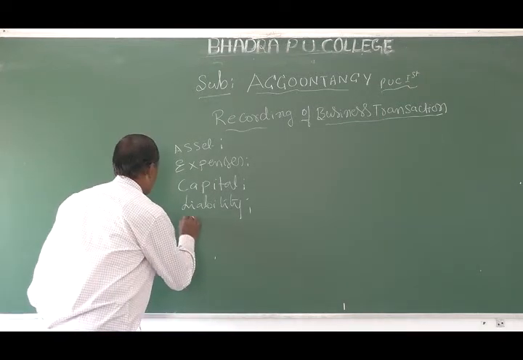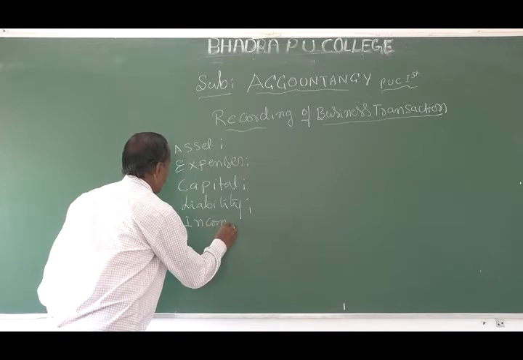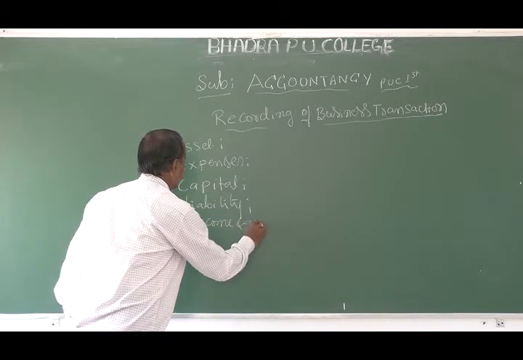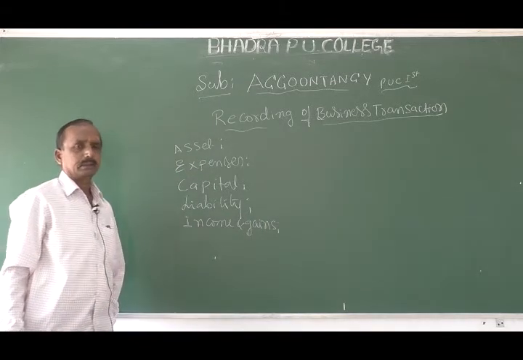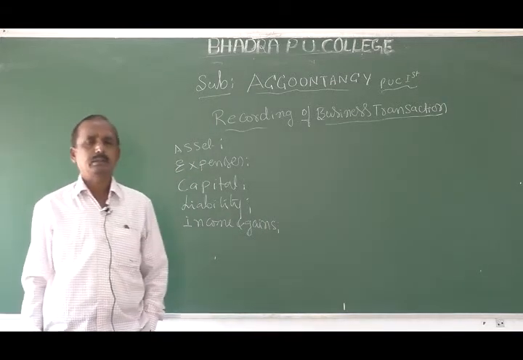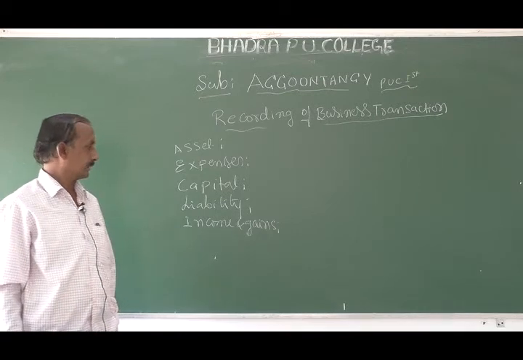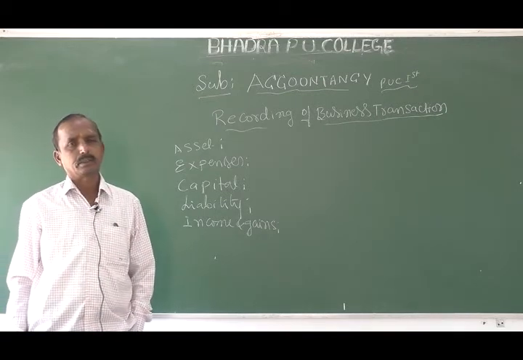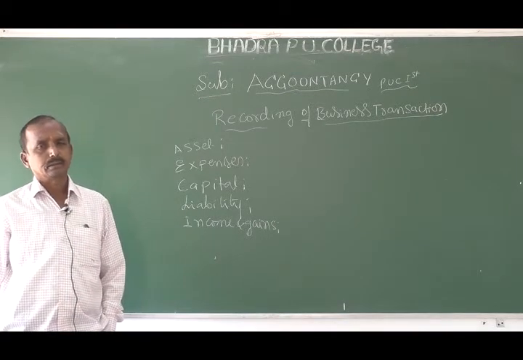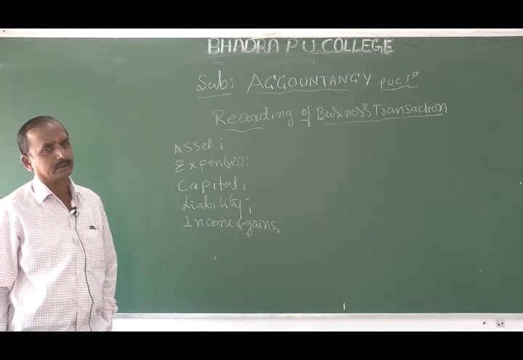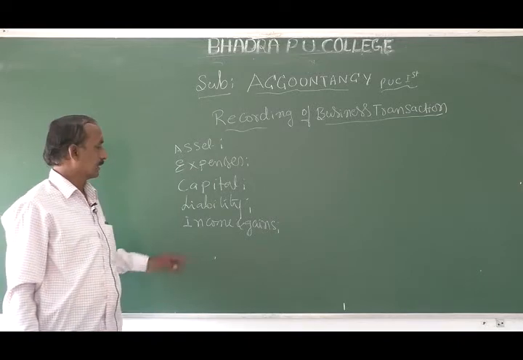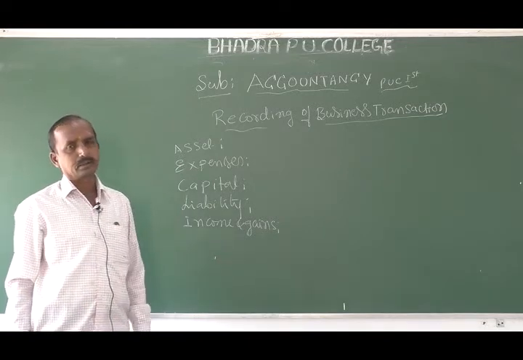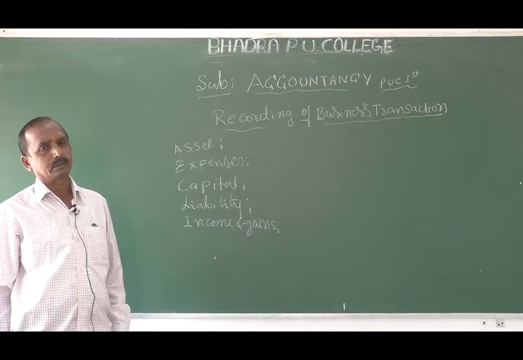And income and gains: debit decreases income and gains, credit increases income and gains. These are the rules of debit and credit.